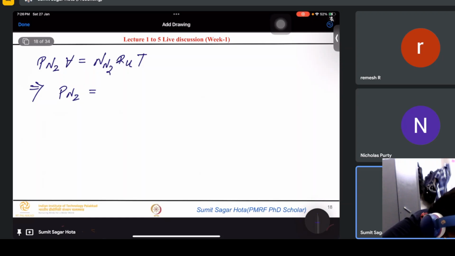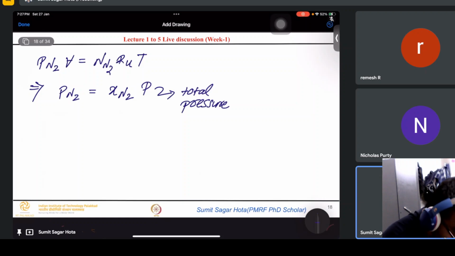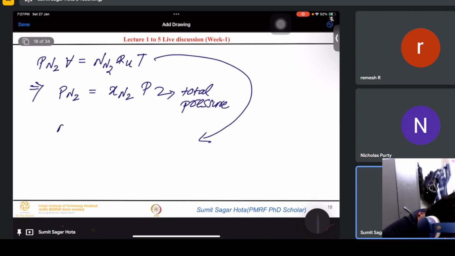We can write P of N2 as equal to x of N2 into P, where P is the total pressure.